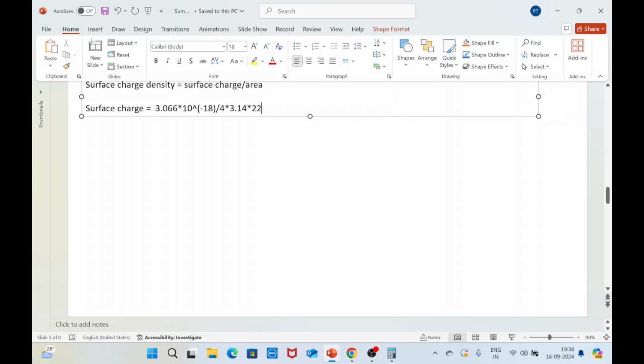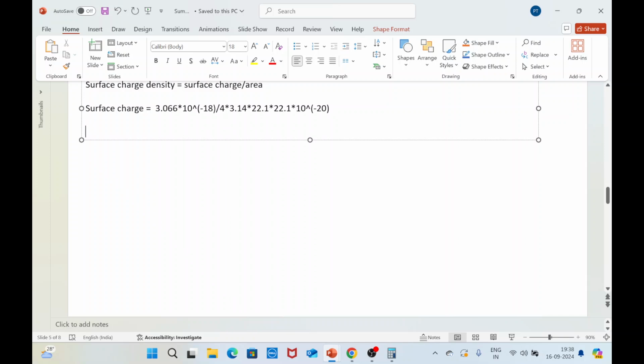Since it's r square, I'm going to write it as 22.1 times 22.1 times 10 power minus 20. So r is 22.1 times 10 power minus 8 centimeter, and I'm converting that to meters, so it will be 22.1 times 10 power minus 10 meters. Since it's r square, I'm going to write that exponent part as 10 power minus 20.